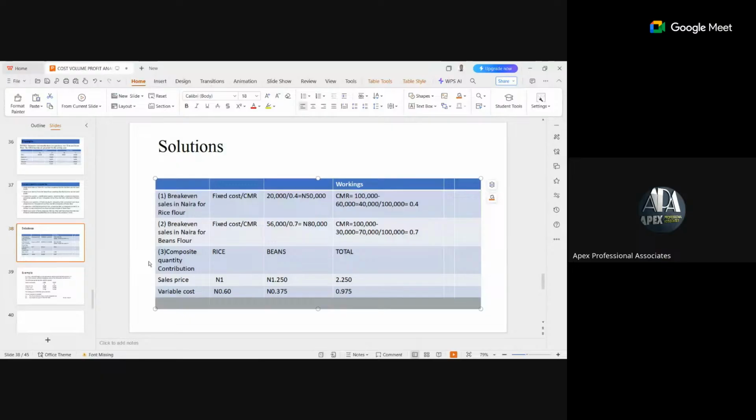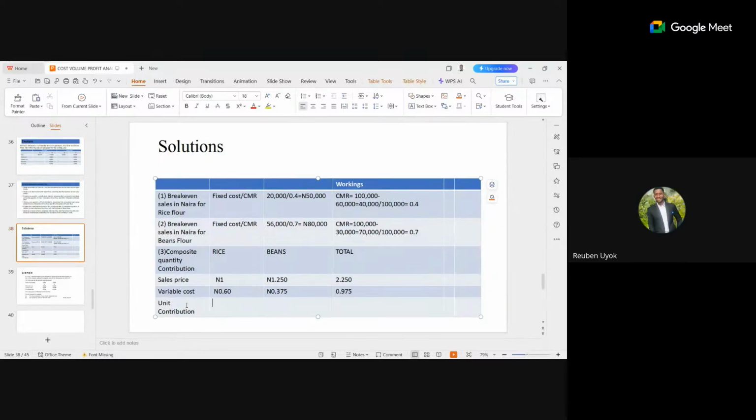So now, based on this, can you determine the unit contribution? What is contribution? Sales price minus variable cost, right? So unit contribution will be what? Unit contribution is 0.4 for rice.